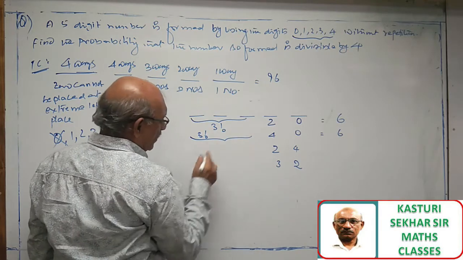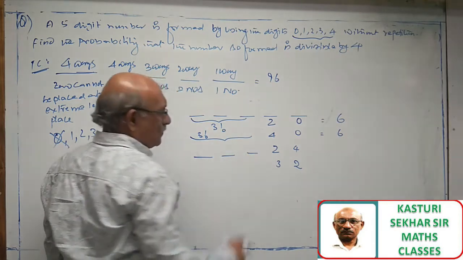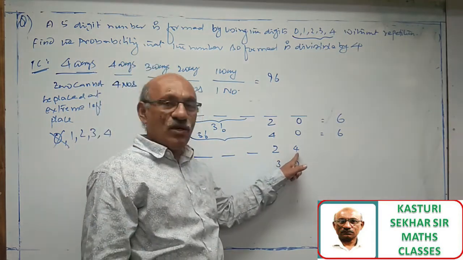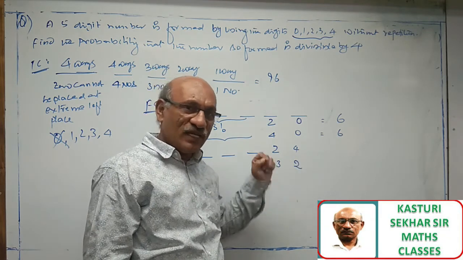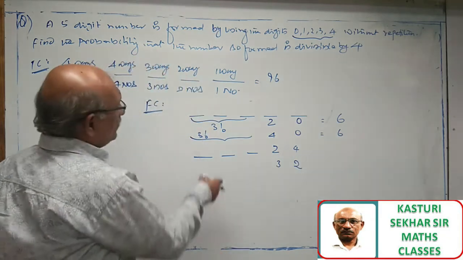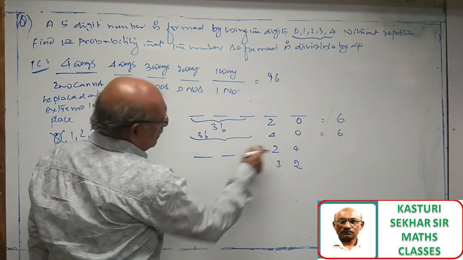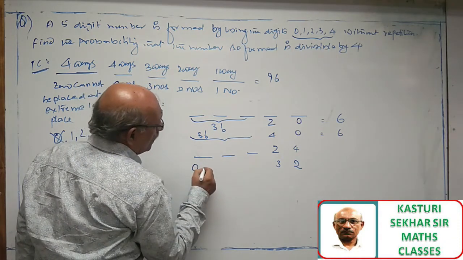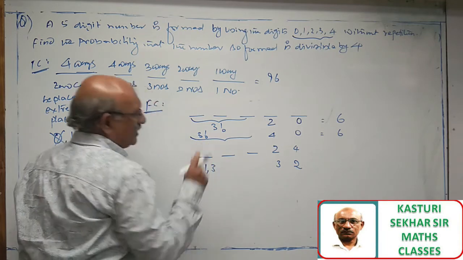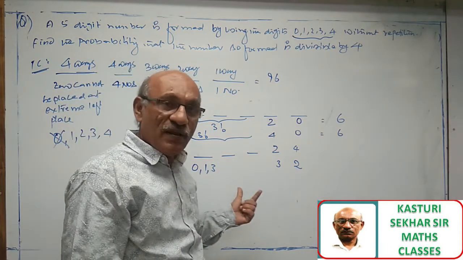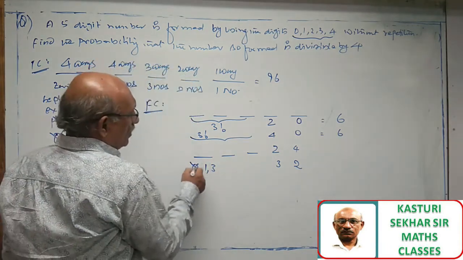Now I don't have 0 here. Look at this. You don't have 0 at the units place as well as at the tens place. It means this place cannot be filled with 0. How many numbers do you have? 0, 1, 3. These are the 3 numbers available here. 0 is ruled out.